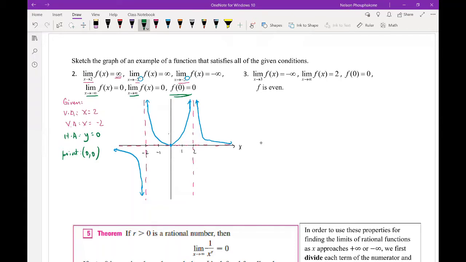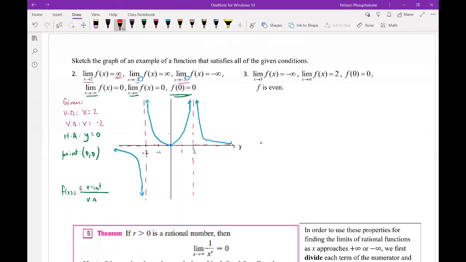Here is the rule of thumb. For a rational function, the numerator is related to the x-intercept, and the denominator is related to the vertical asymptotes. And of course, we always have a scale factor, and it tells us how stretched it is, or just a number.